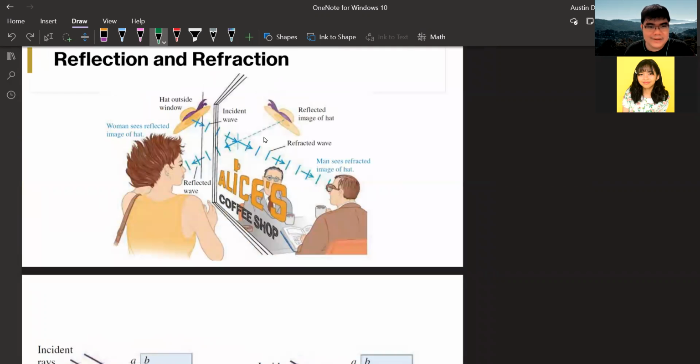Kasi ina-assume dito na manipis lang yung glass pane. Okay. Pero kunyari mas makapal na onte, magbabago yung position ng image ng refraction. So magagalaw ng onti dito yung hat. Pero that's for next chapter pa lang.